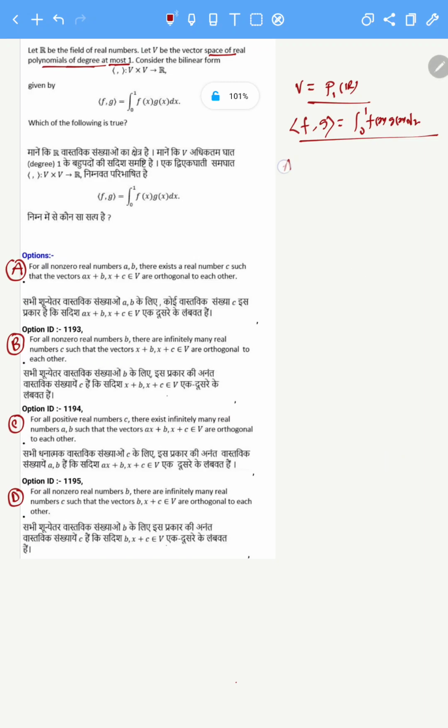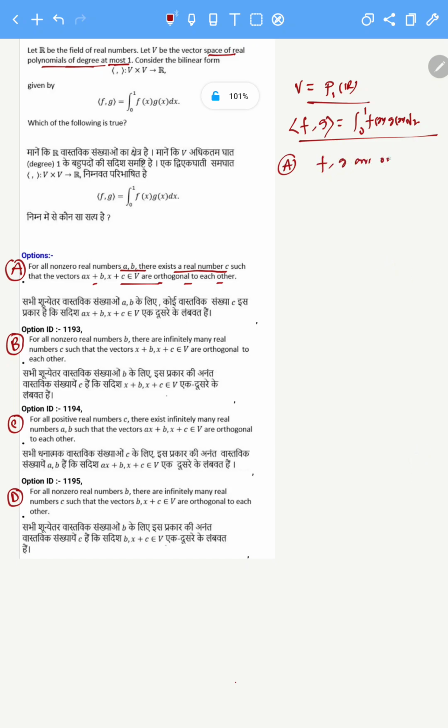For option A: for all non-zero real numbers a, b, there exists a real number c such that these two vectors are orthogonal to each other. What do we mean by orthogonal? The vectors f and g are orthogonal if, on an inner product space, the inner product of f and g equals 0.